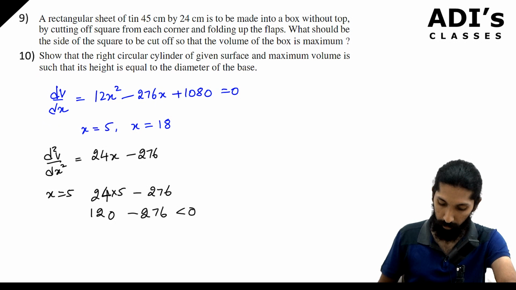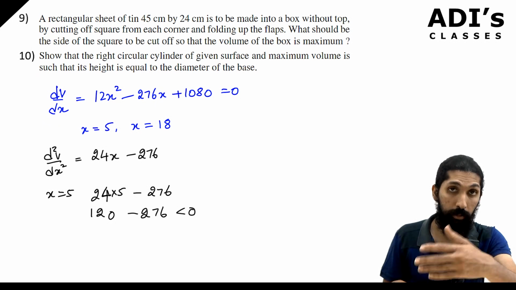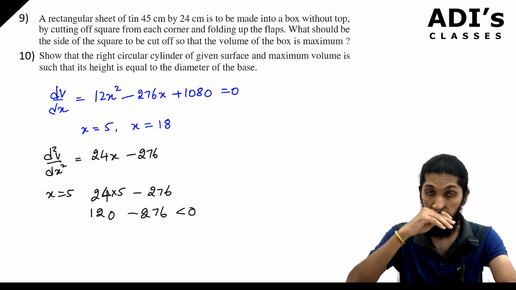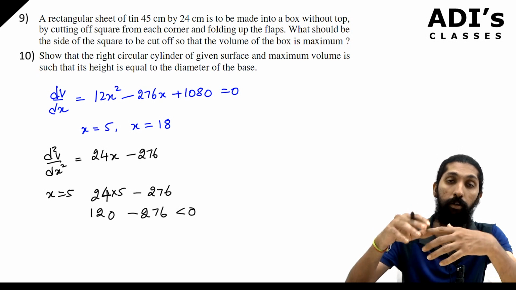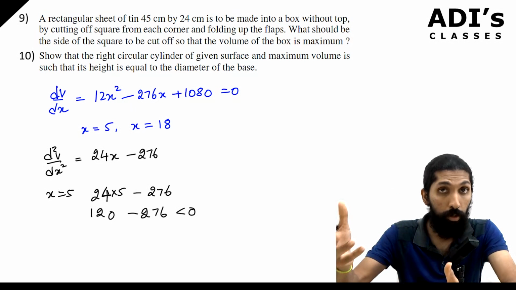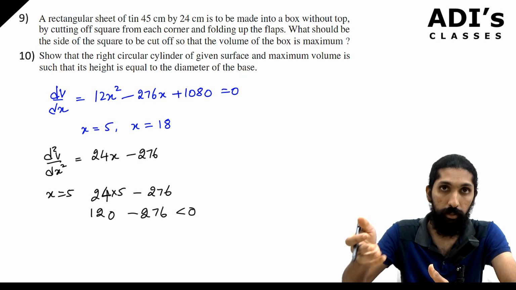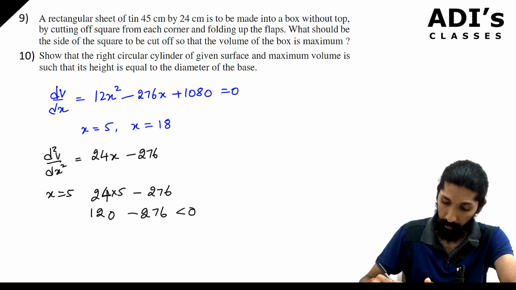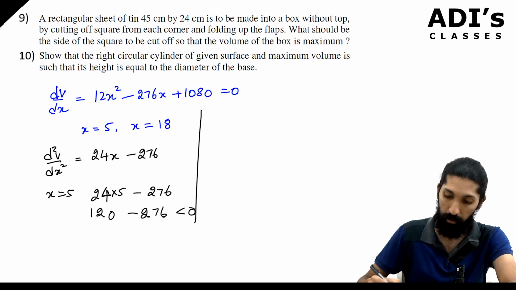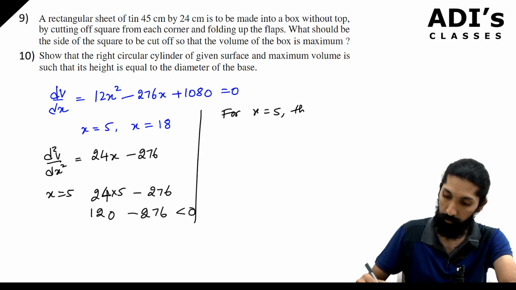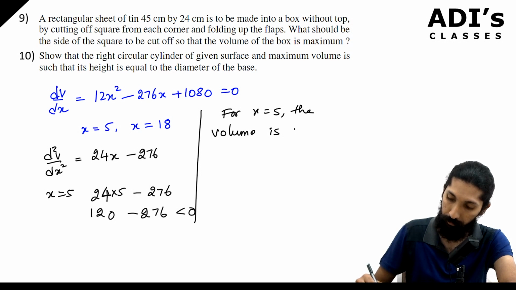So we got a value of x is equal to 5 where the double derivative is negative. That means you know that that is the value where you are going to have the maximum volume, because x represents what? X is the side of the square. So what we can conclude, we can say that for x is equal to 5, the volume is maximum.